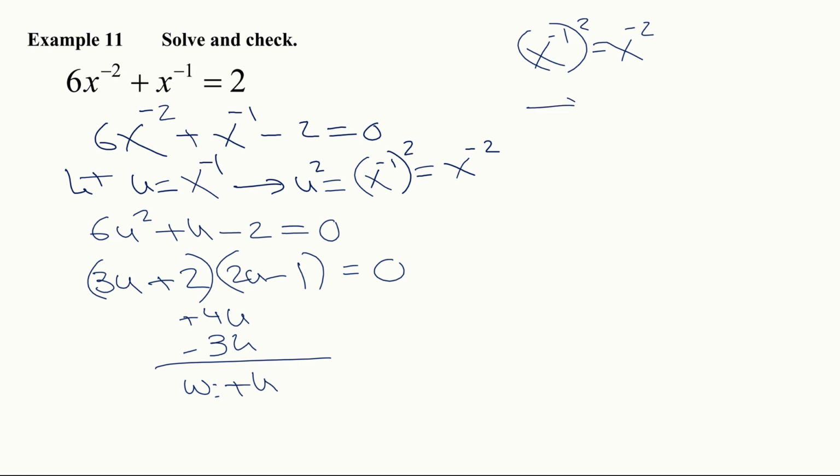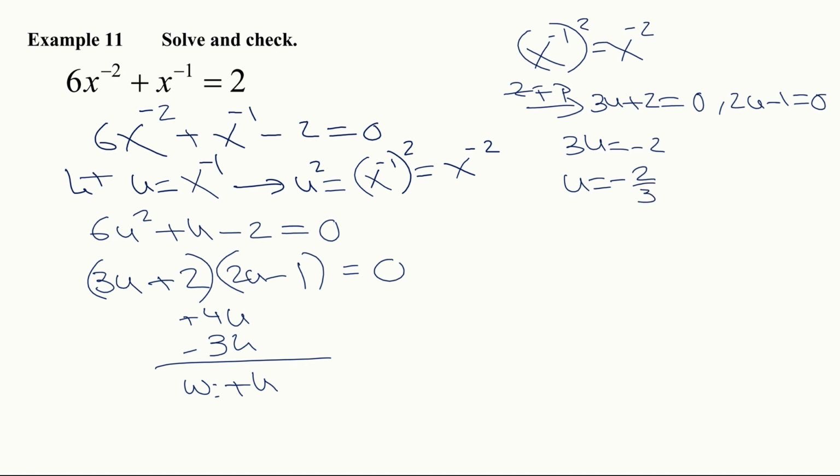So now we apply the zero factor property. So we get either 3u plus 2 equals 0 or 2u minus 1 equals 0. So 3u equals negative 2 or u equals negative 2/3. And 2u equals 1 or u equals 1/2.